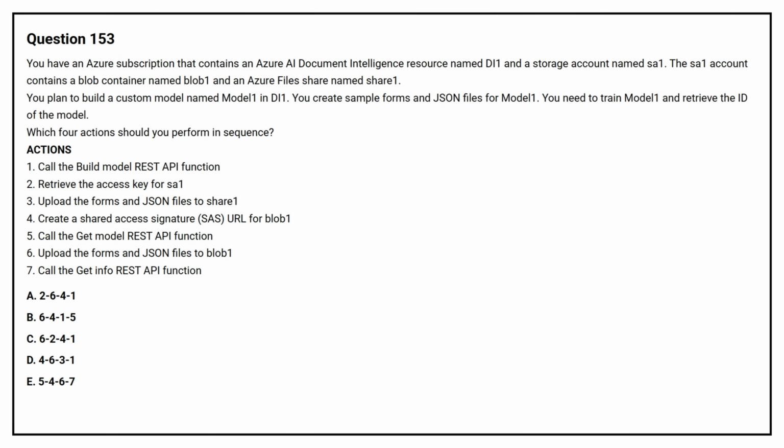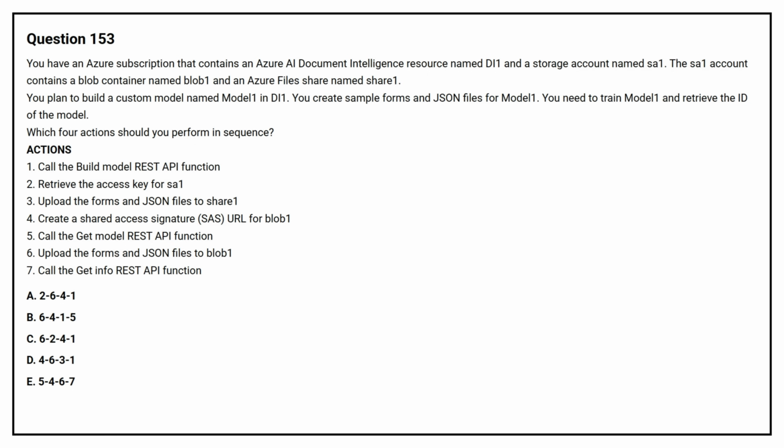Question number 153. You have an Azure subscription that contains an Azure AI Document Intelligence resource named DI1 and a storage account named SA1. The SA1 account contains a blob container named blob1 and an Azure file share named share1.